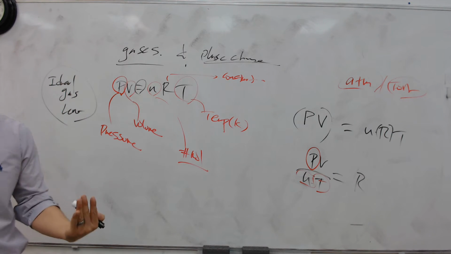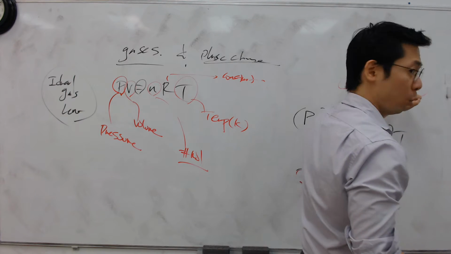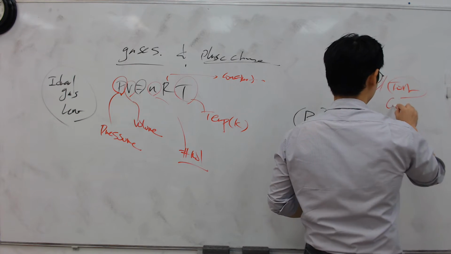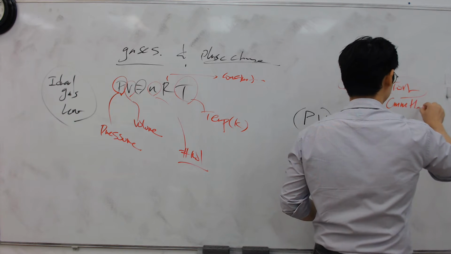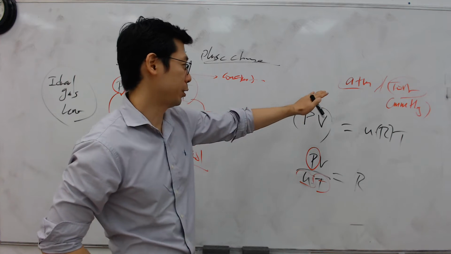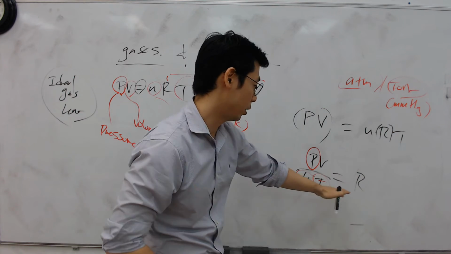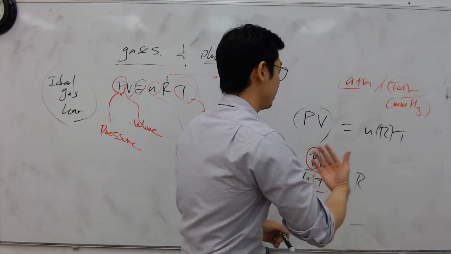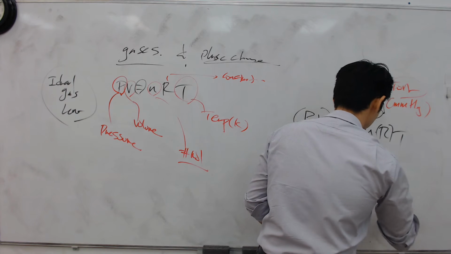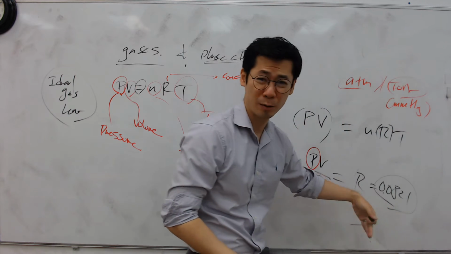Depending on whether they use atm, torr or millimeters of mercury, the value of R will change. If they use atm, the value of R is 0.0821. That's a value that you might want to memorize.